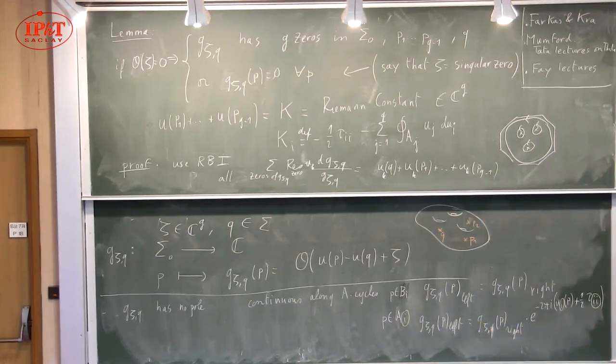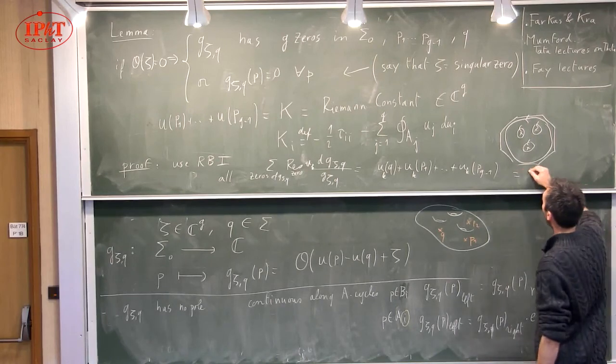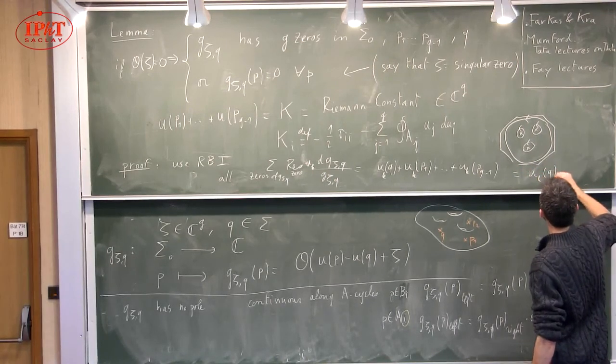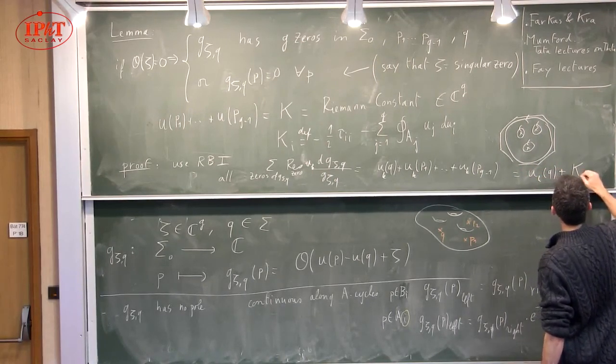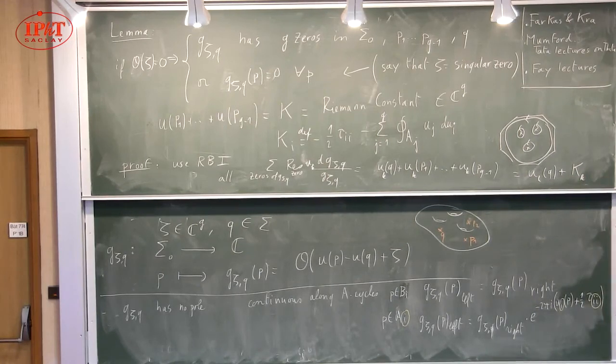And again, working with the bilinear identity, you find that this is u_k(q) plus K_k. Again, using the Riemann bilinear identity, basically using just those properties.